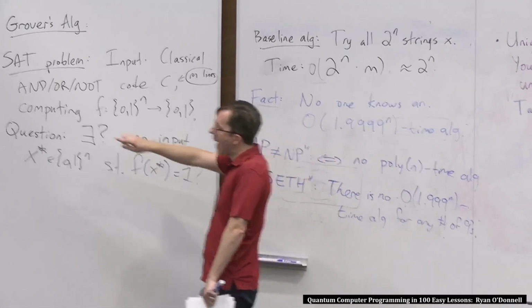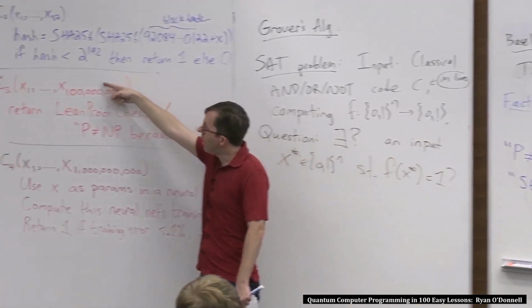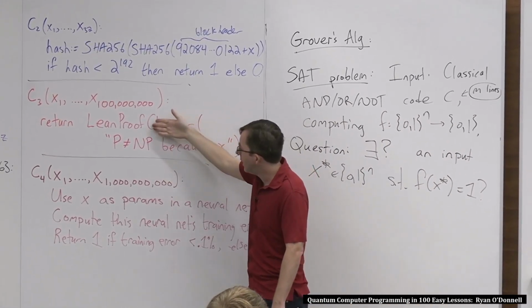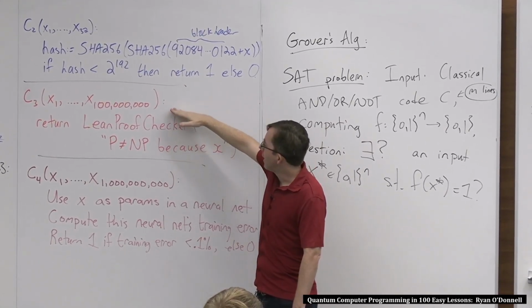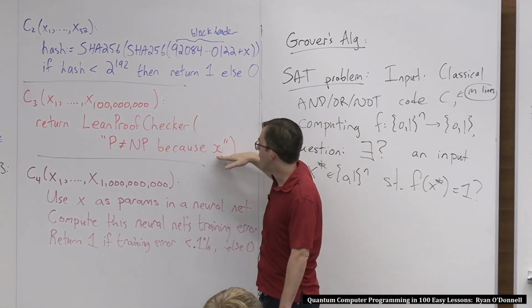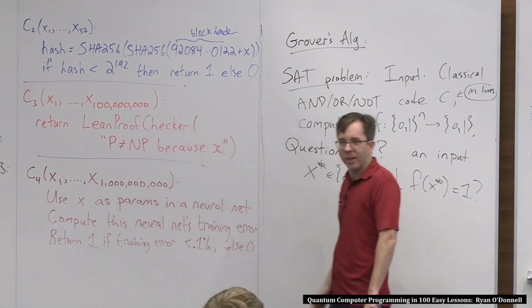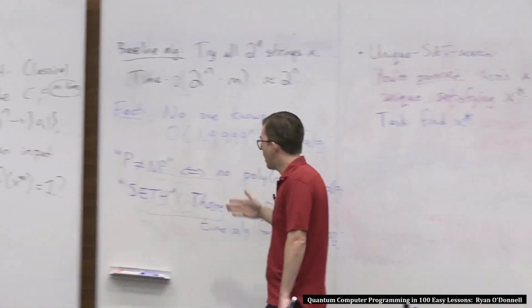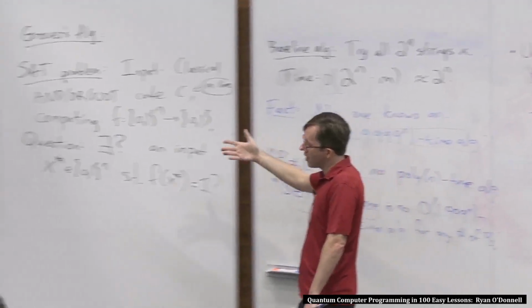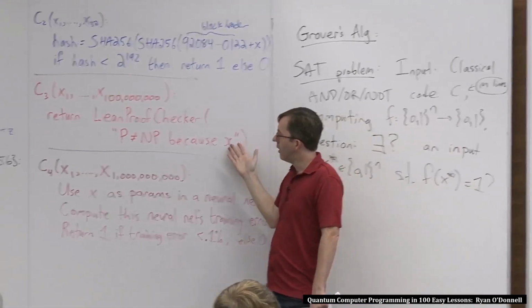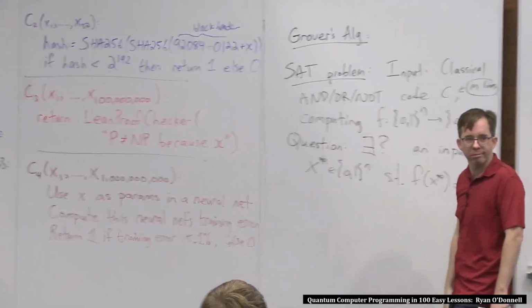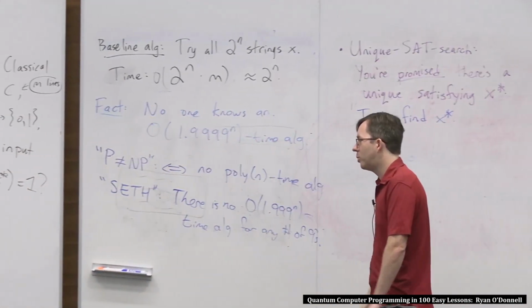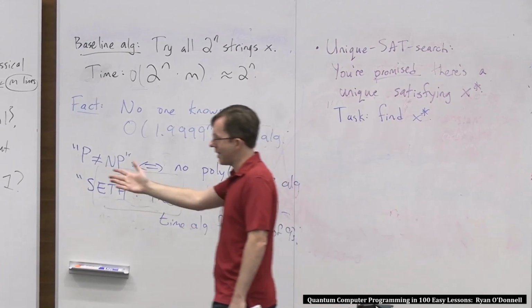So for a satisfying assignment for this block of code, we have to build Lean's proof checker code into it. A satisfying assignment is a mathematical proof that P does not equal NP. So if you had a SAT solver that could find satisfying assignments, it would find a proof of P does not equal NP, assuming there is one that's less than 10 megabytes long. That's pretty cool.